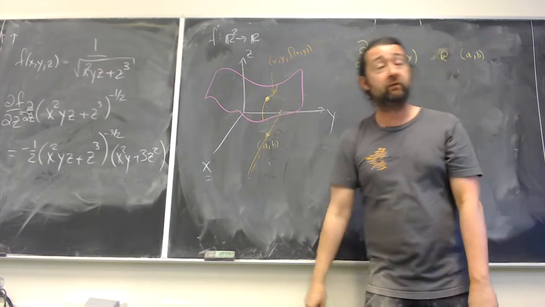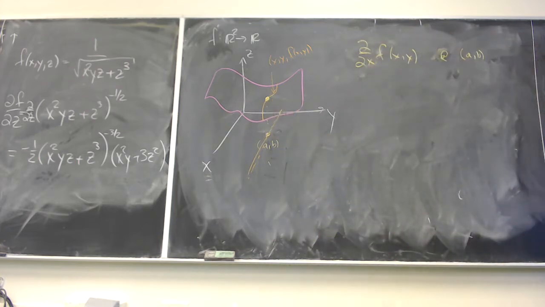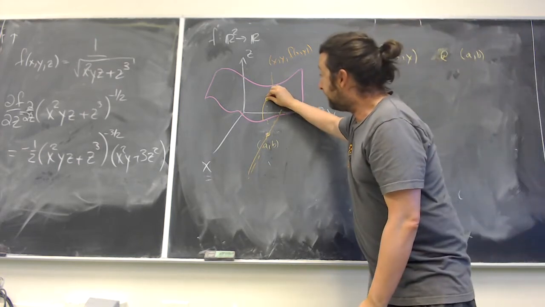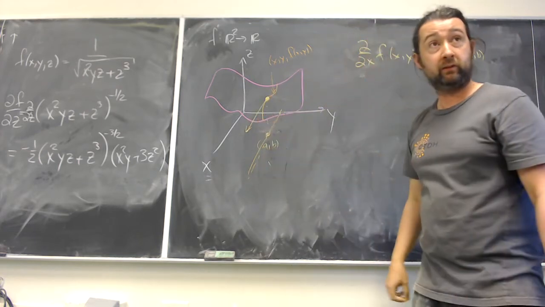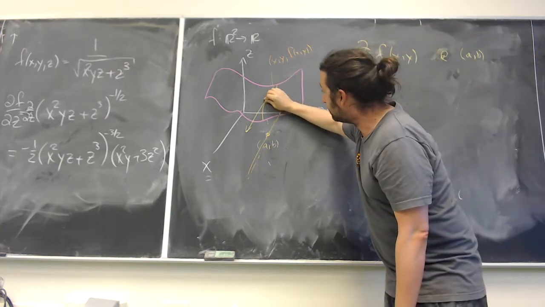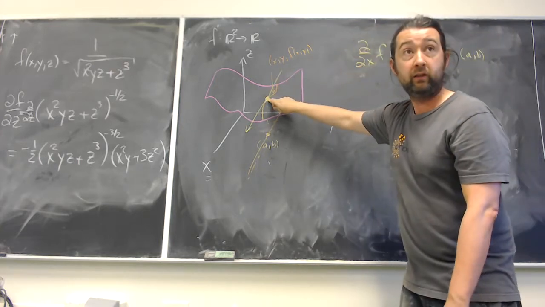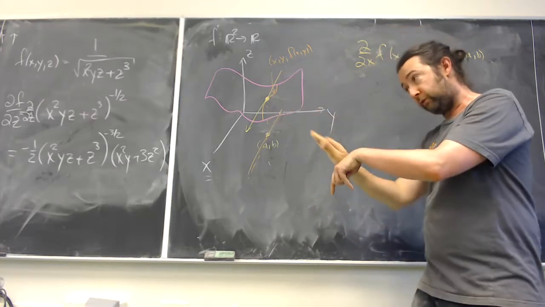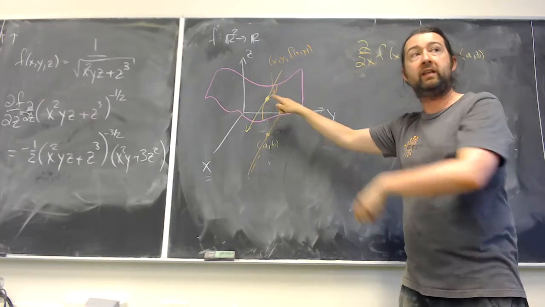What is the partial derivative telling you? Well, it's giving you the slope of this tangent line. The partial derivative with respect to x is telling you what this tangent line is to the curve right here, the way this particular curve traveling inside the surface has its tangent line.